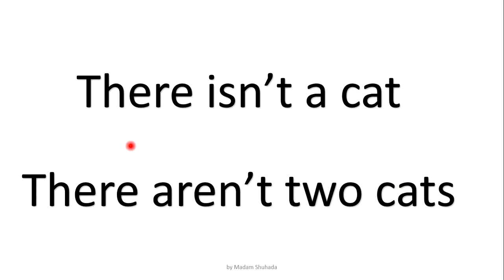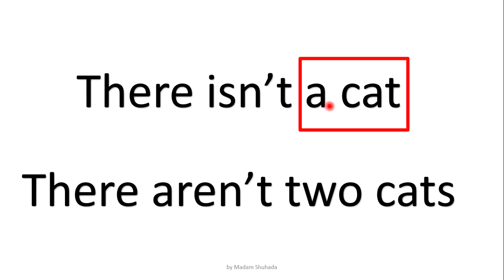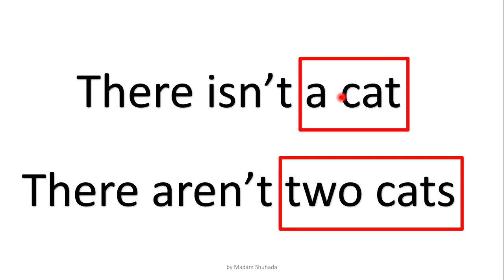Okay, now, if you still remember, we are also going to touch on there is not and there are not. The same here as there isn't and there aren't. So the concept is the same. We will focus on the agreement. If the agreement is singular, we use isn't. If the agreement is plural, we use aren't.